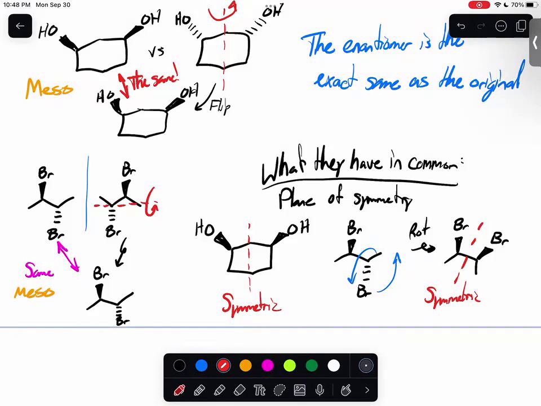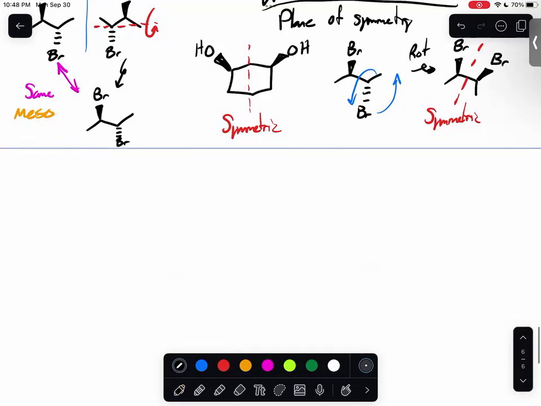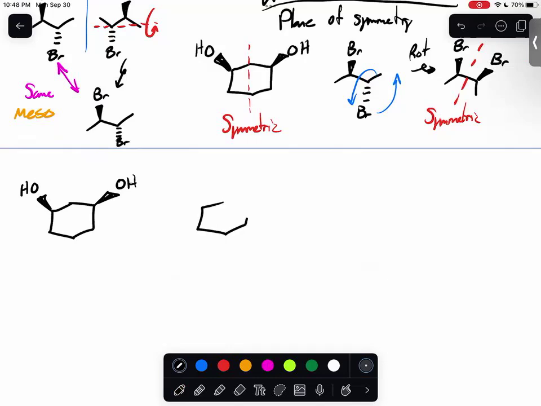If we were to take that same first example that we were looking at again, and we were to change one of these from a wedge to a dash, let's say the one on the right here, we would have what are effectively diastereomers. Same thing if we changed it in the opposite way.